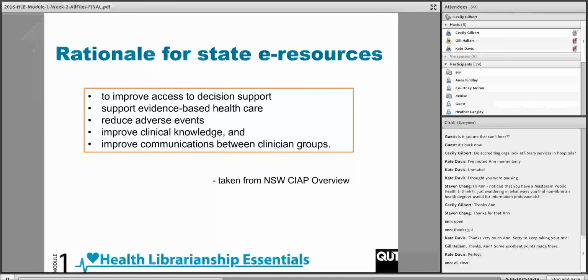So reasons given were to improve access to decision support, support evidence-based healthcare, reduce adverse events, improve clinical knowledge, and improve communication between clinician groups. So you can see none of that says anything about rationalising cost or allowing libraries to be good service providers. It's all about aiming at targets which are highly valued by the end users and by the governance factors there.